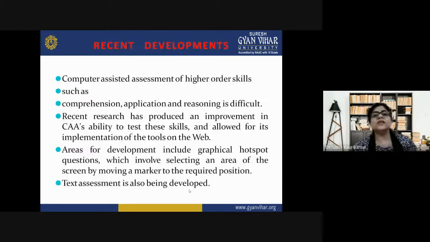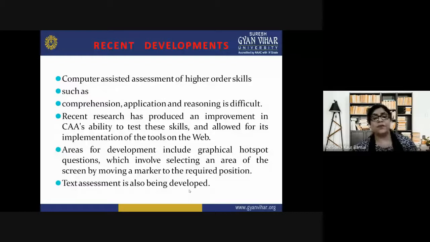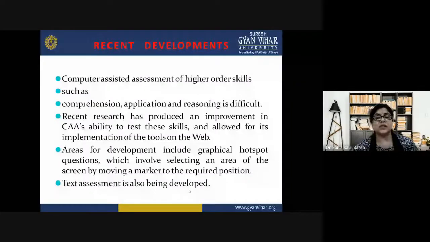Now let's discuss some developments in computer assisted assessment, which is really very important to know. CAA of higher order skills such as application and reasoning is difficult. Recent research has produced an improvement in CAA's ability to test these skills and allow implementation of the tools on the web also.